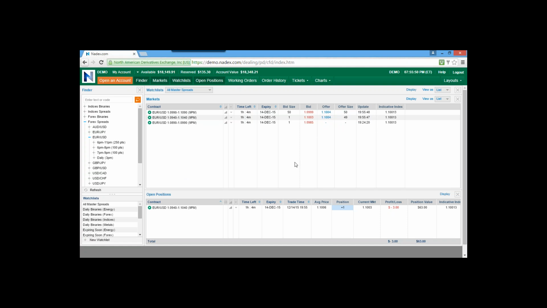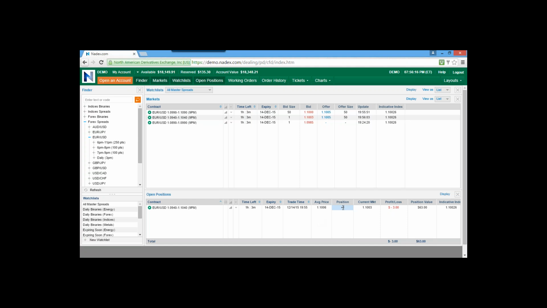That makes sense? All right, so I bought this right here. See, +1, I bought it. And it's this spread right here in the middle. So I bought it saying the market's going to go up. Well, let's say that I have to leave the house or whatever. I think that was your question, Alan Hernandez.